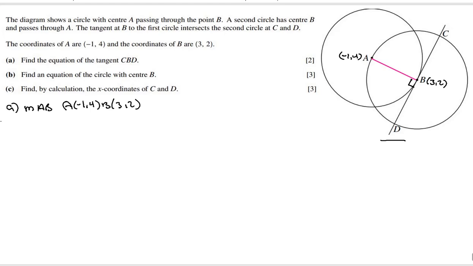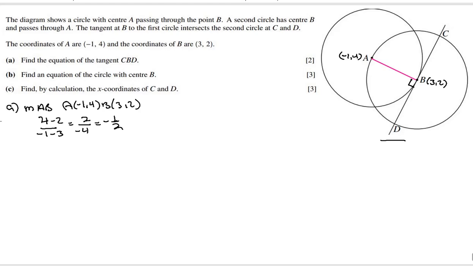If I find the slope, which is going to be y2 minus y1, it doesn't matter where I start, just as long as I'm consistent. So I'm going to do 4 minus 2 over negative 1 minus 3. And that's going to give me 2 over negative 4, which is negative 1/2. All right, so there's my slope of AB.